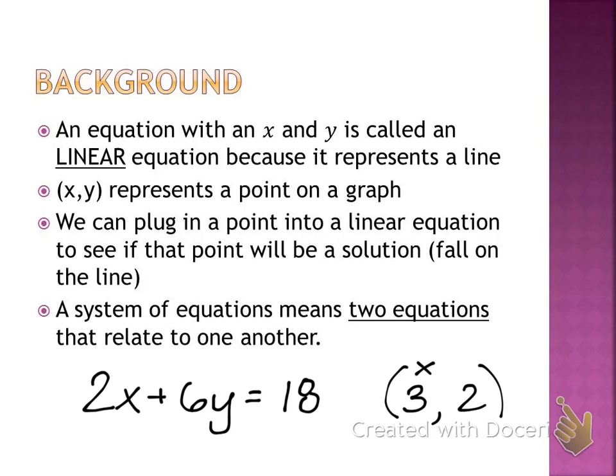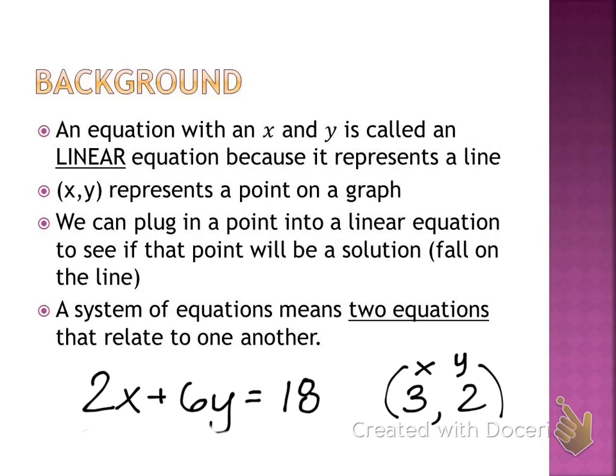So because this is x and because this is y, I know I can take out the x and plug in a 3. And I can take out the y and plug in a 2 and check to see if it all works out, okay? So when you have a system, that means I'm not only going to have 2x plus 6y equals 18.